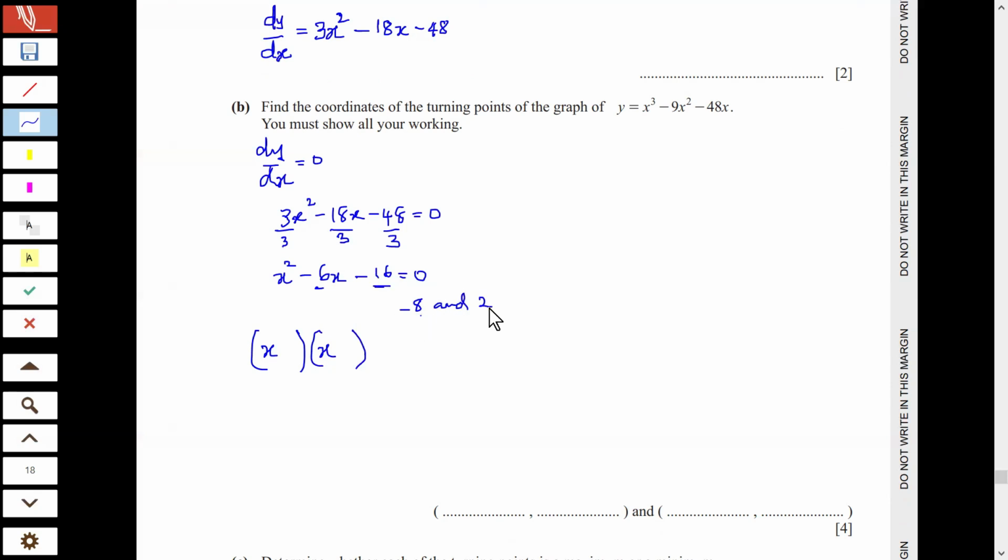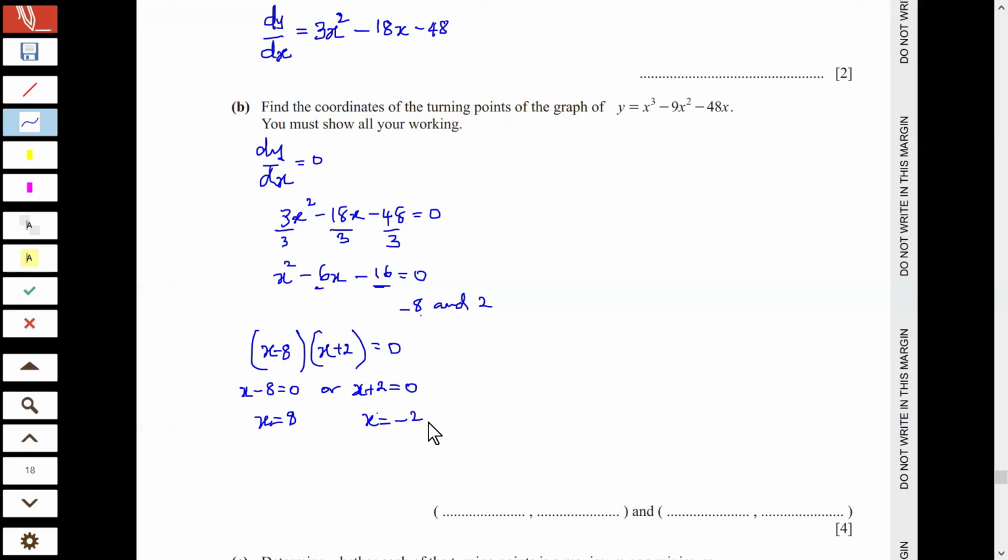Negative 8 plus 2 will give negative 6. So here we have x minus 8 and x plus 2 equal to 0. Either x minus 8 is equal to 0 or x plus 2 is equal to 0. If x minus 8 is equal to 0, then x is equal to 8. And if x plus 2 is equal to 0, then x will be equal to negative 2.